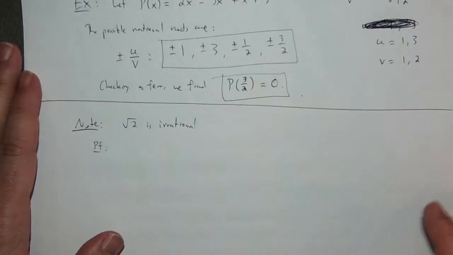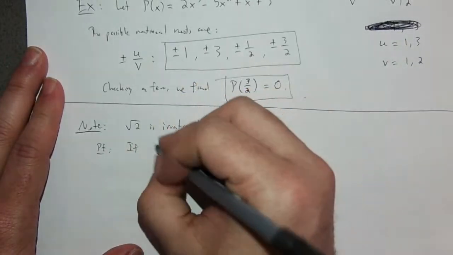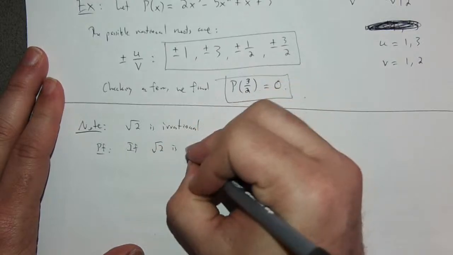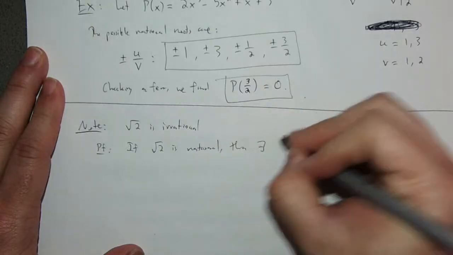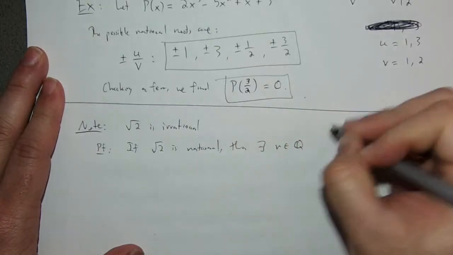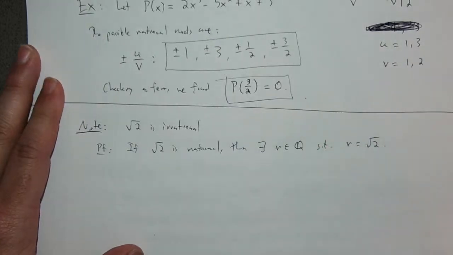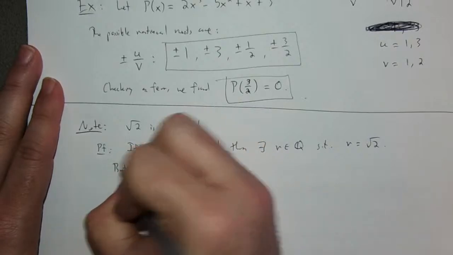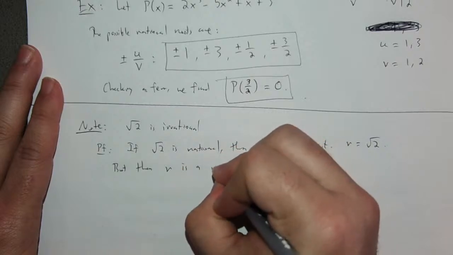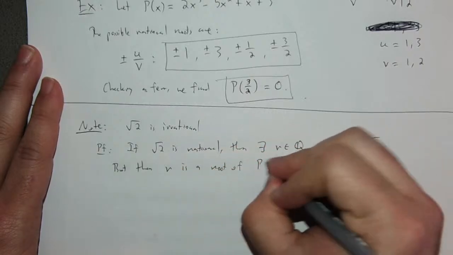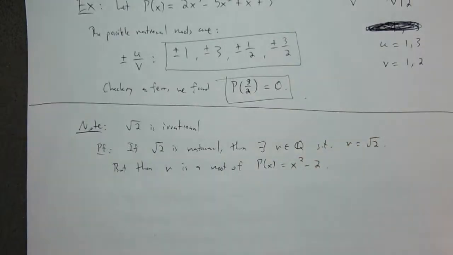If square root of 2 is rational, then there exists a rational number r such that r is equal to square root of 2, but then r is a root of the polynomial p of x, which is x squared minus 2.